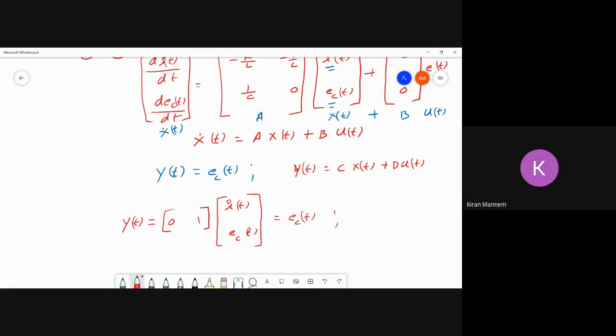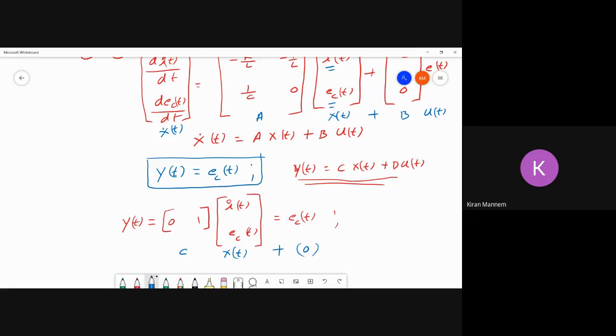Now you compare this equation with your state model equation. This is your C matrix, and this is your x of t, and plus you don't have anything, so the D matrix is 0 and the input is 0. So this is your output equation.